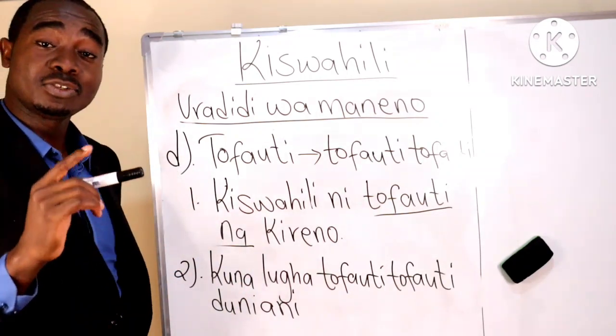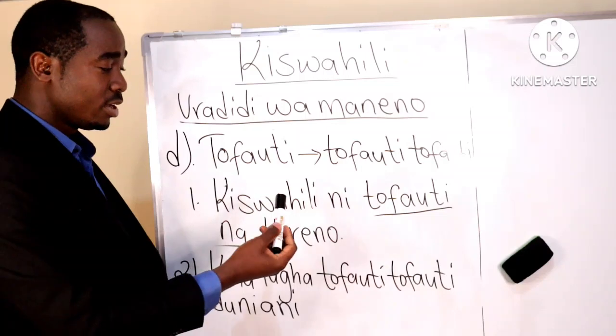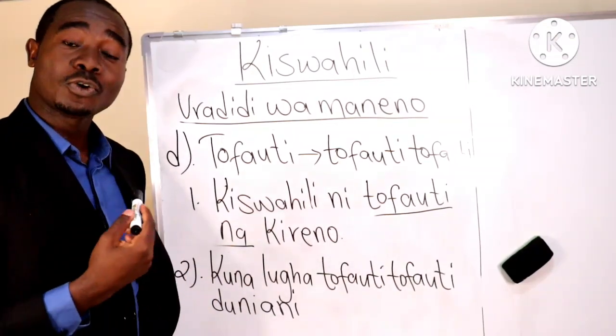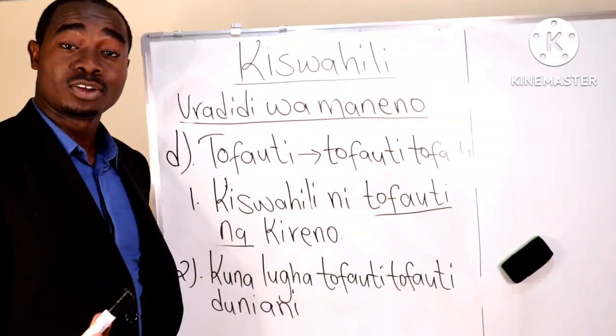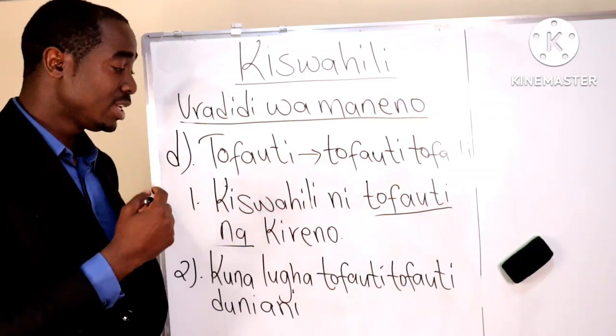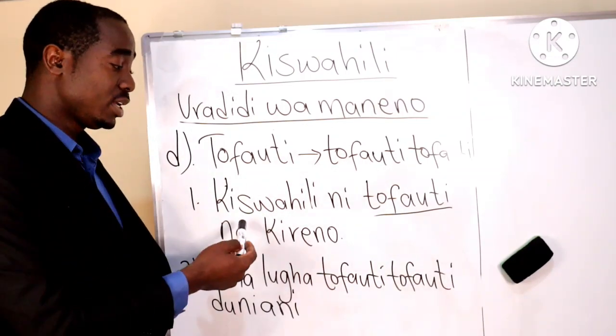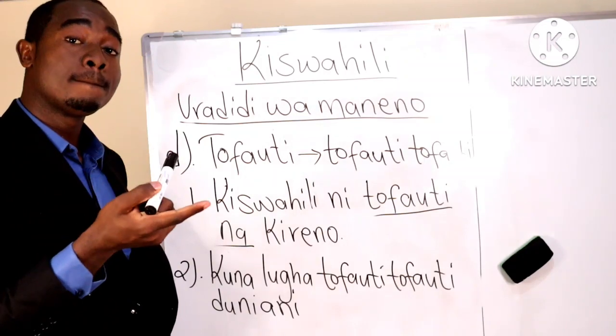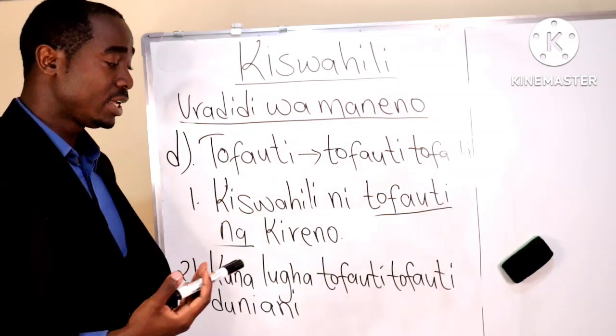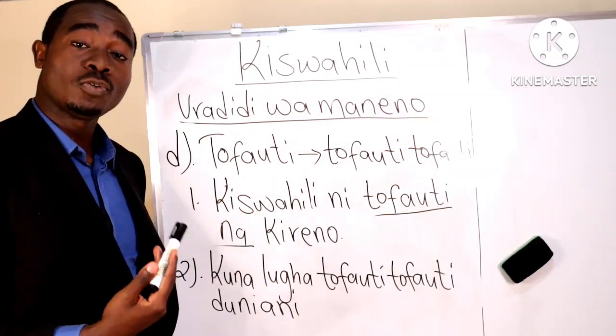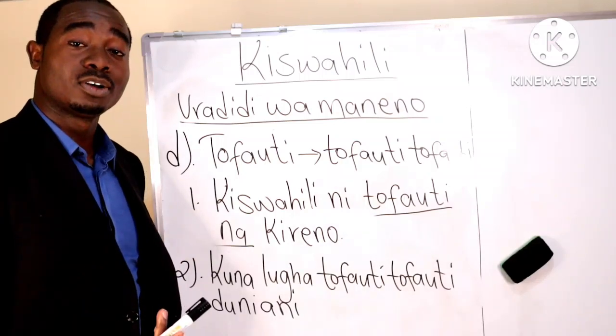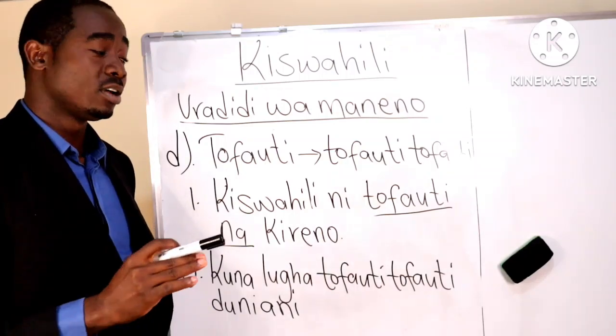Mifano katika sentensi tutasema nini? Moja, Kiswahili ni tofauti na Kireno. Swahili is different from Portuguese. So you cannot say Kiswahili ni tofauti Kireno. Hapana.